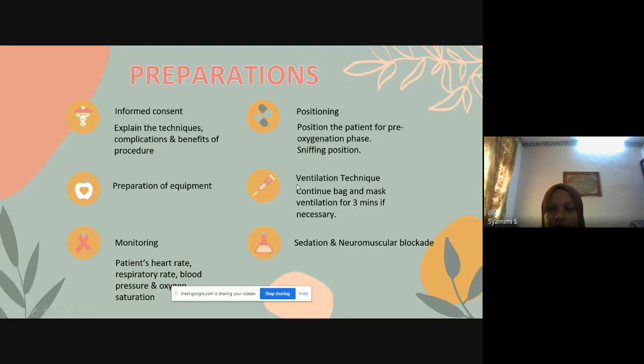And then we do a ventilation technique first, where we continue bag and mask ventilation for 3 minutes if it is necessary. But if the patient is in cardiac arrest, this will need to be disregarded. And then the last one is sedation and neuromuscular blockade, if the patient needs it.